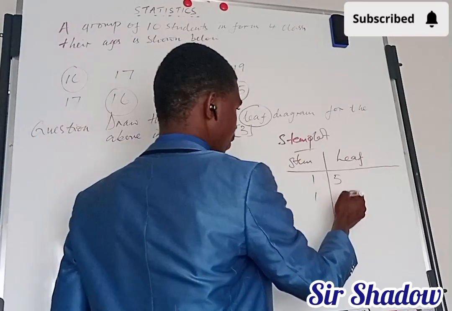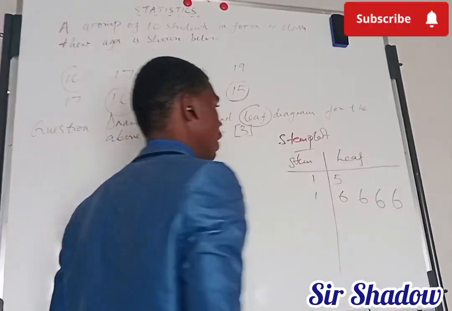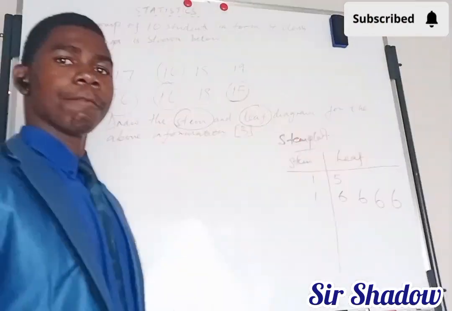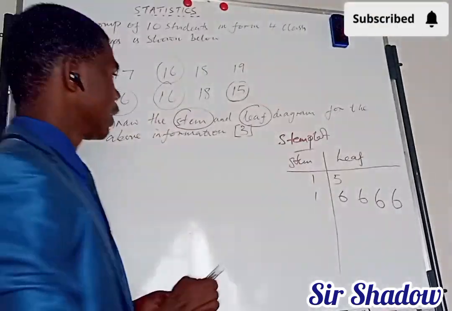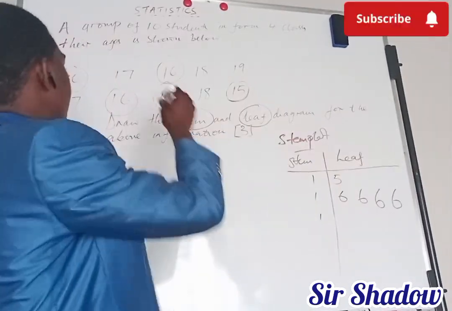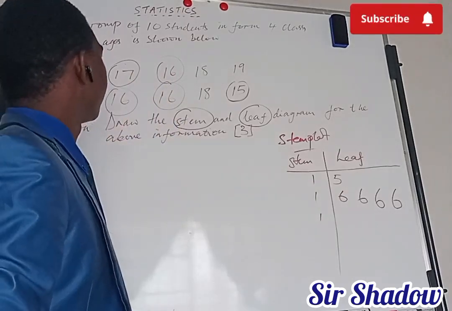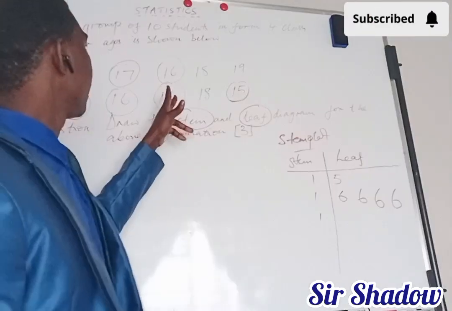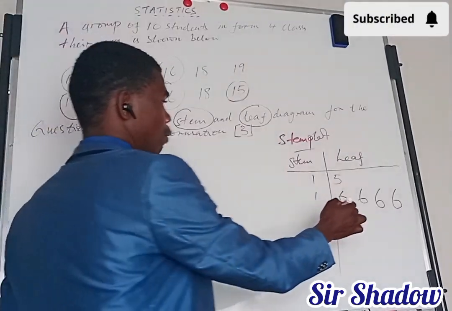So we have 6 here, 6 here, 6 here, 6 here. Then for 17, we have 2 digits.